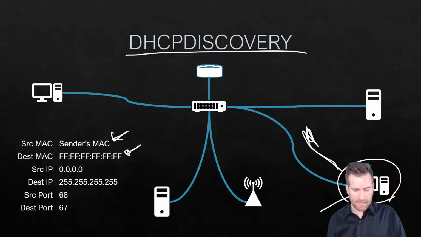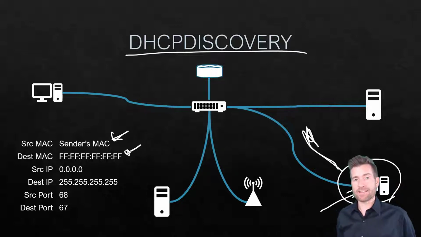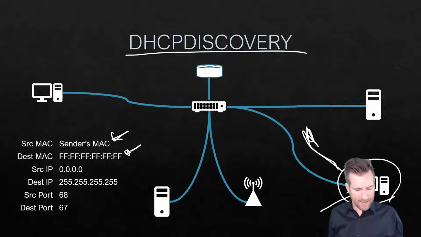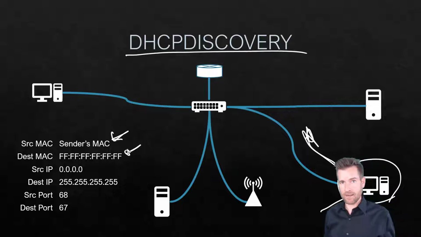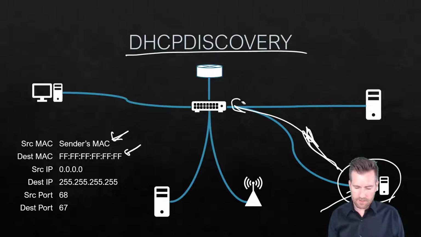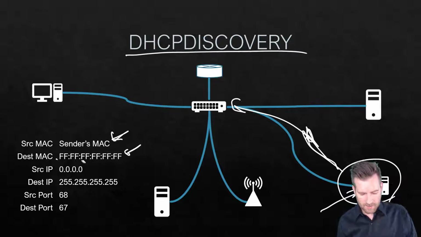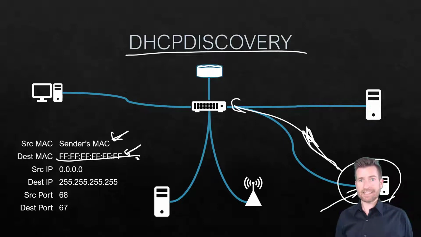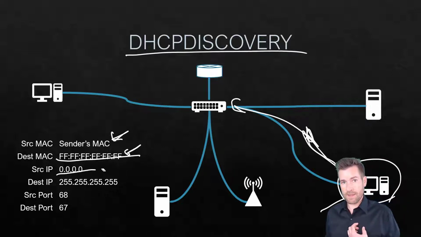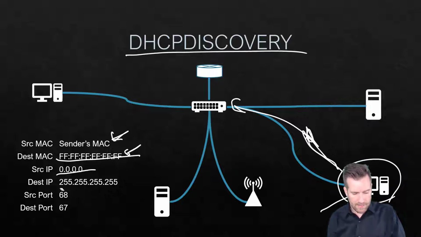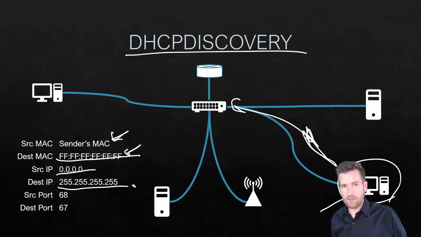What's going to happen then is it's going to send it out as a broadcast. A broadcast is all F's in the MAC address. So it's going to send it out to the switch with all F's in the MAC address. It doesn't know where it's going to send to, and it doesn't know its own IP address, so the source IP is 0.0.0.0. And then it's going to send it out to a destination IP address of 255.255.255.255, which is a broadcast IP address.